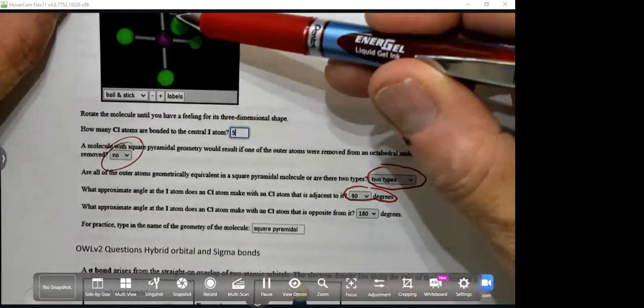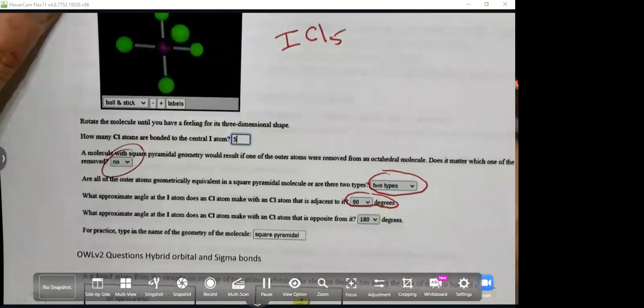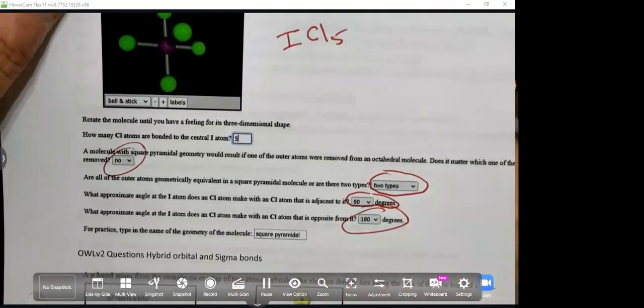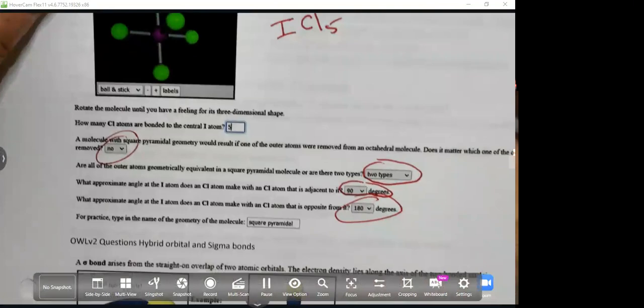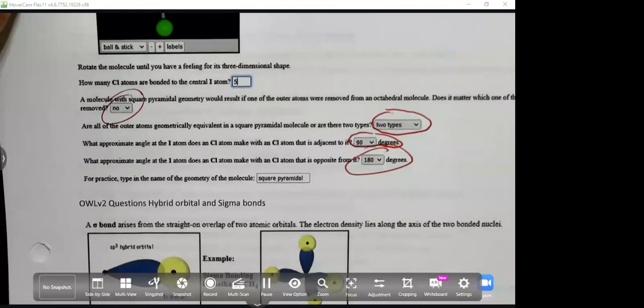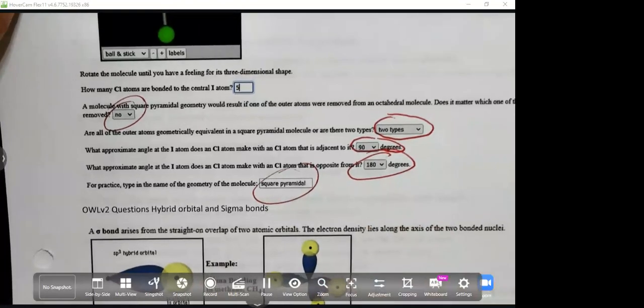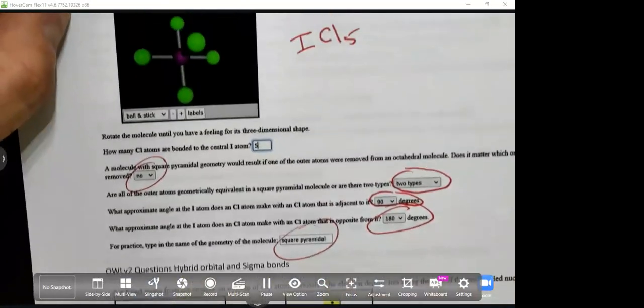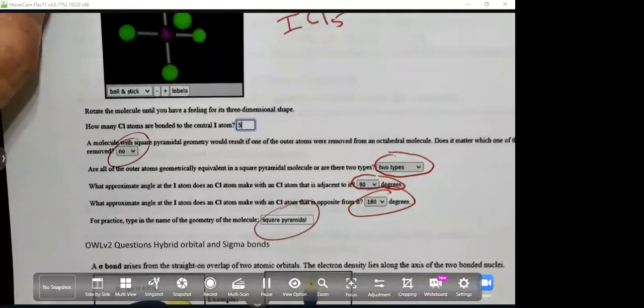You've got 90s, you're going to see in the diagram, and opposite from it, you're going to end up with some 180. All drop downs. Name of the geometry, square pyramidal. So these are all drop downs. Not bad. Shouldn't take you too long.